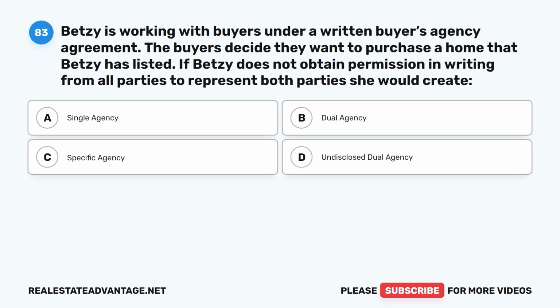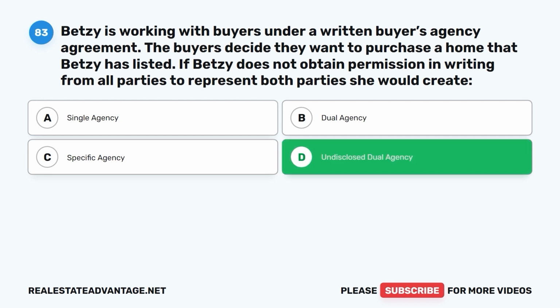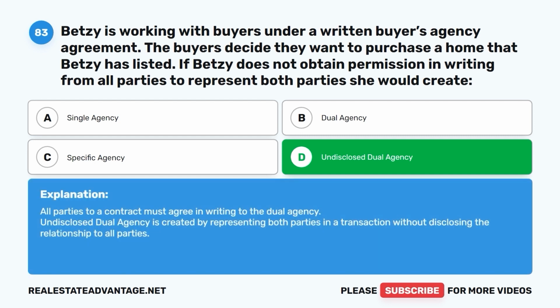D. Undisclosed dual agency. The correct answer is D. Undisclosed dual agency. All parties to a contract must agree in writing to the dual agency. Undisclosed dual agency is created by representing both parties in a transaction without disclosing the relationship to all parties.